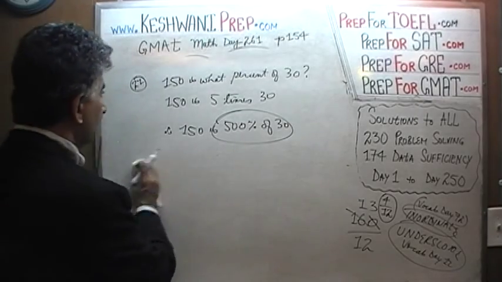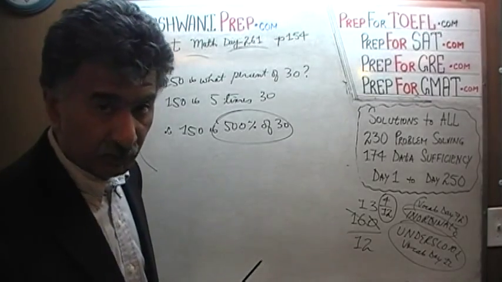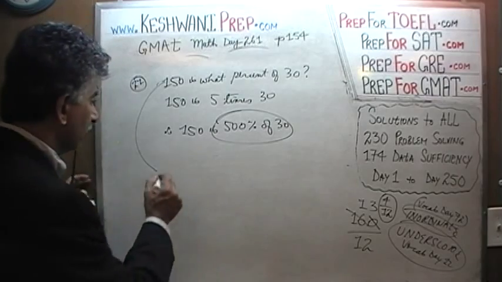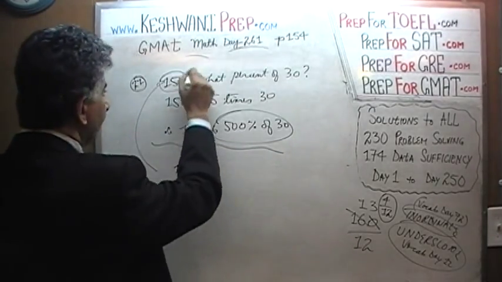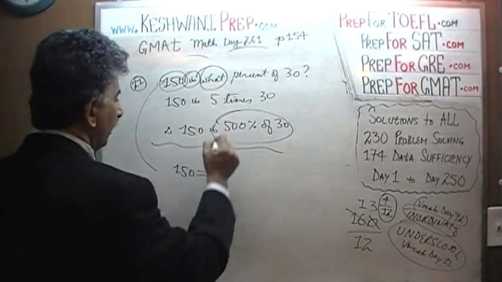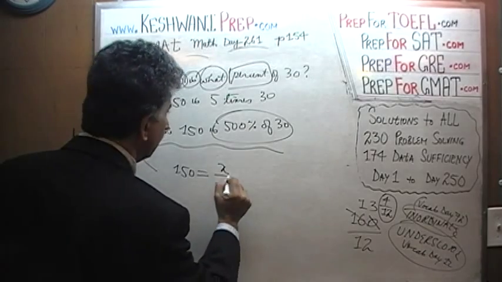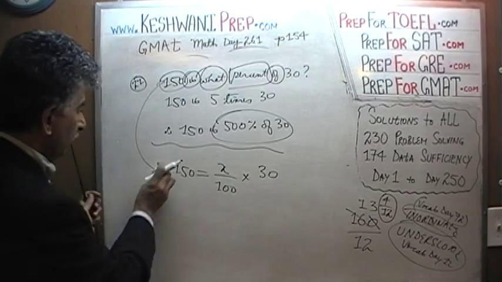Another way to do this is the more traditional, algebraic way, which is to convert this into an equation and make a big fuss about it, if you like. 150 is, means equals, what, that's our unknown x, percent means over 100, of means times 30, and we just solve for x.